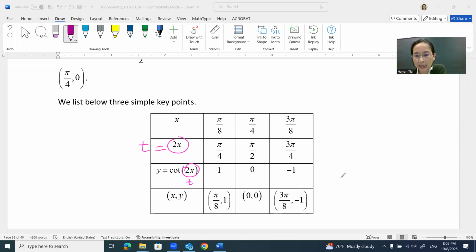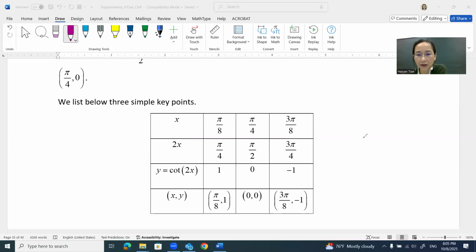That is when t is 0, or pi. Whenever you increase by pi, so 2 pi, 3 pi, or negative pi if you minus pi, negative 2 pi, negative 3 pi. All those are undefined. But let's just look at one period, 0 and pi.